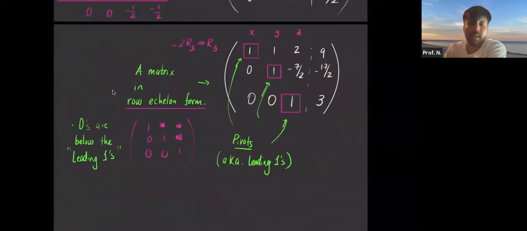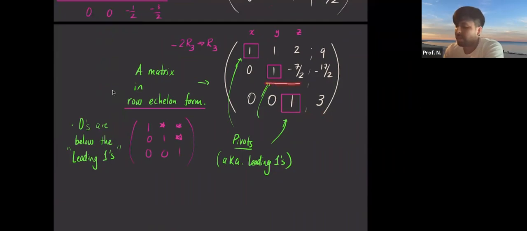In essence, you have completed the task of solving it by just leaving it in row echelon form. We basically solved it at this point. But if we want to just stop here, we have to do what's called back substitution. The moment we know this, z equals 3. Now we go back to the previous equation.